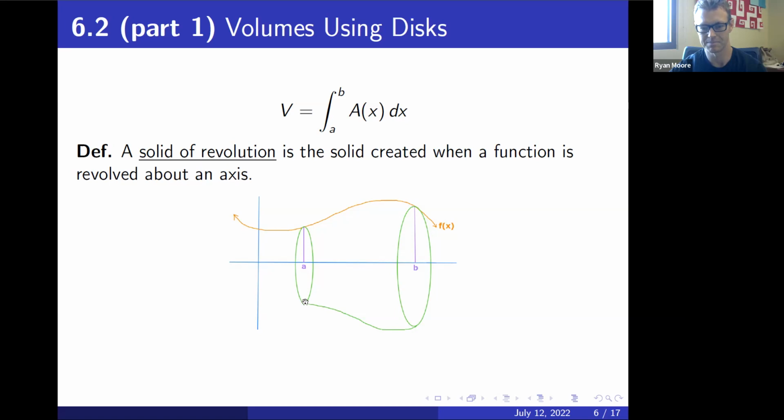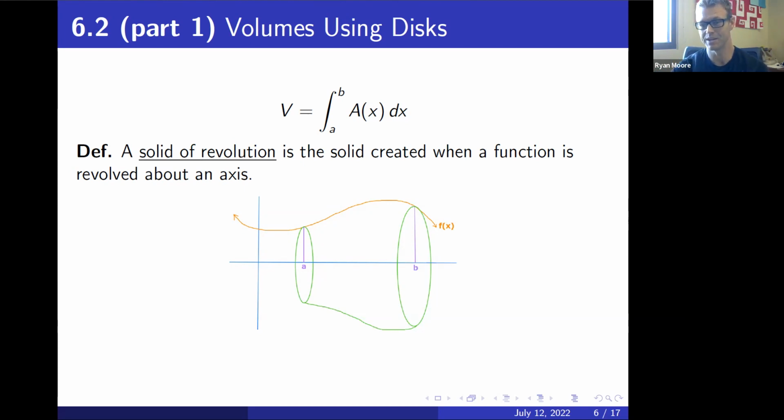And then as it spins around, this goes back behind the x-axis and comes all the way around. So if we were to rotate it and look at it straight on, those would be circles. Maybe you can imagine that three-dimensional shape; it's sort of like a Coke bottle. How are we going to find the volume of this thing?